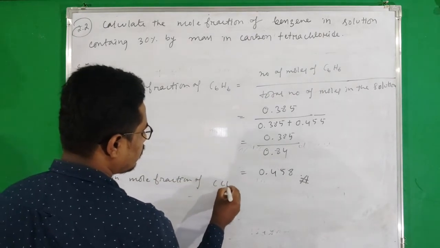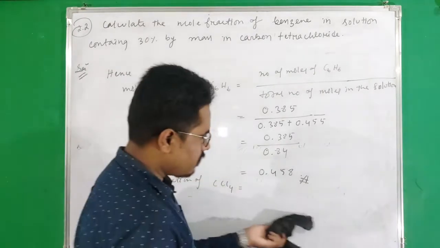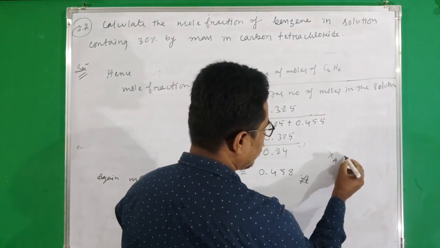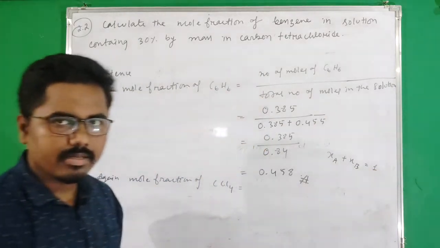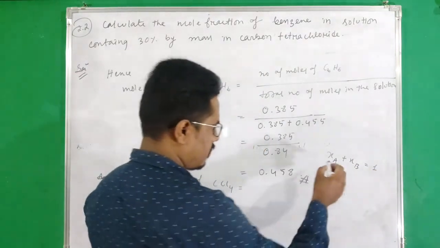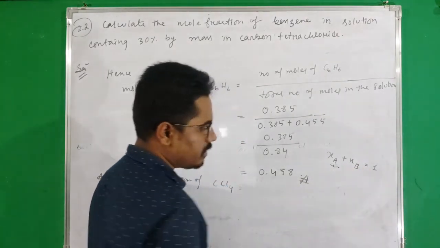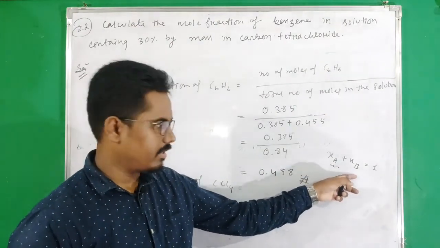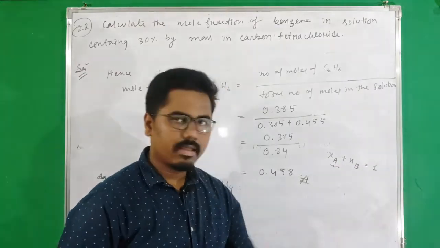Mole fraction of carbon tetrachloride equal to, in the last class we learned that when we add the mole fractions of different components present in a solution, then the result is 1. In a solution having two components A and B, we add their mole fractions and the result we get is 1.